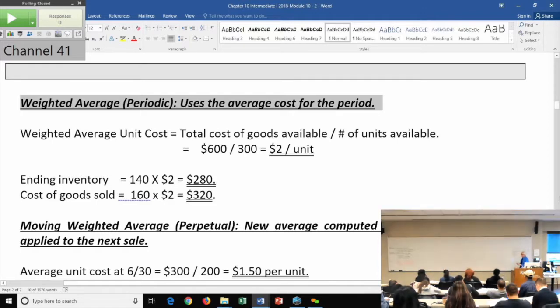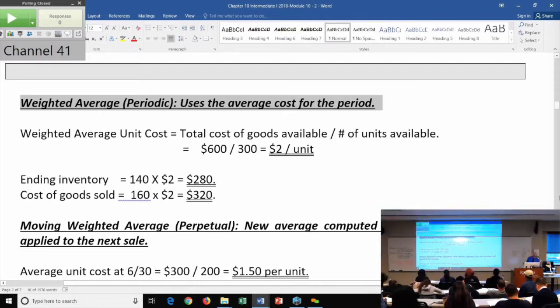So when we go back to calculate it, it's $2 a unit. This is back in module 2 on page 2. It is $2. That's the average cost.